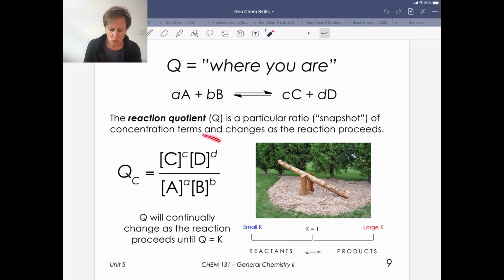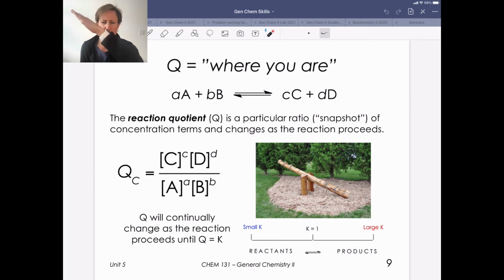Okay? We're going to still write it very similar to what we wrote when we had an equilibrium expression. It's still the product of the concentration of products raised to powers that are coefficients, divided by the product of concentrations of reactants, raised to powers that are coefficients. But what's different is the values that I put in here are the snapshot of where I'm at any particular time.